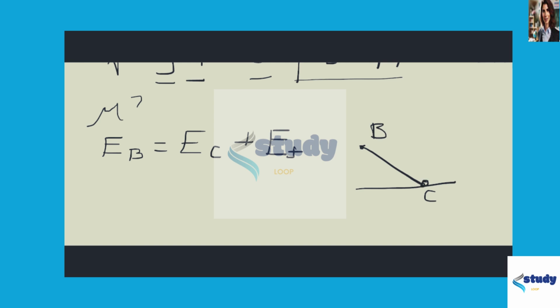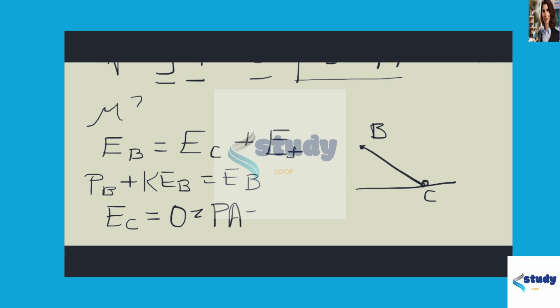So remember now, EB, the energy at point B, is going to be the potential energy plus the kinetic energy that we know. Remember that EC is equal to 0, because the potential energy at C is 0, as well as the kinetic energy is 0, because the car is brought to rest by those brakes.